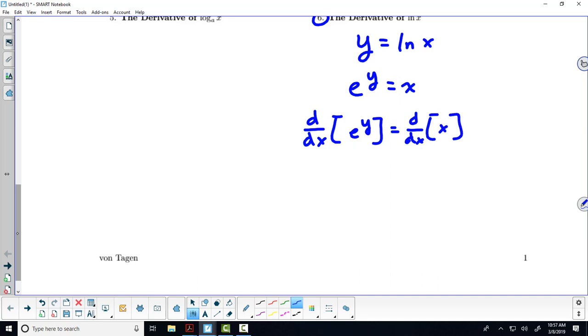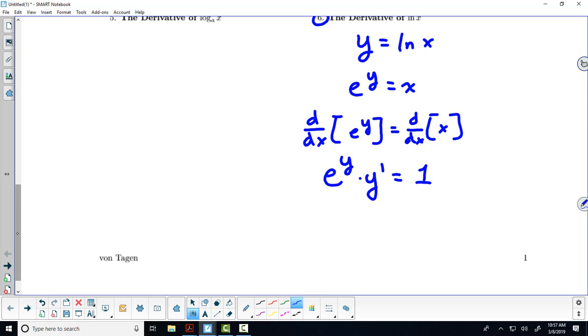What is the derivative of e to an expression? E to that expression times that expression's derivative. Good? On the right-hand side, the derivative of x with respect to x is just 1.